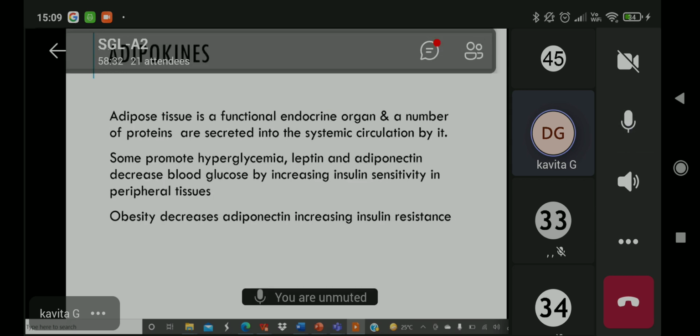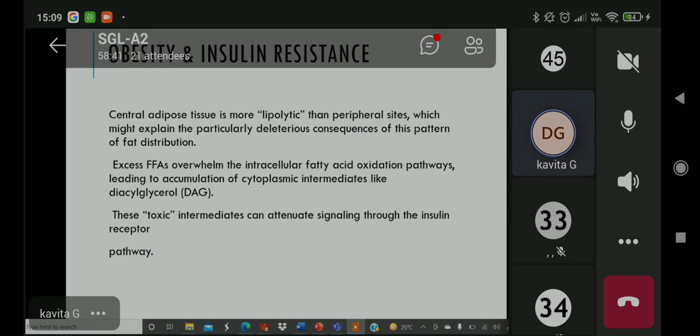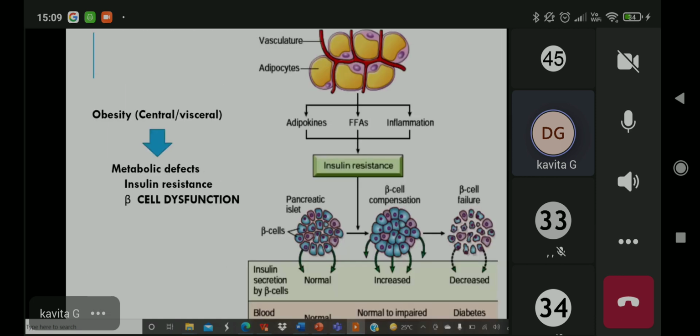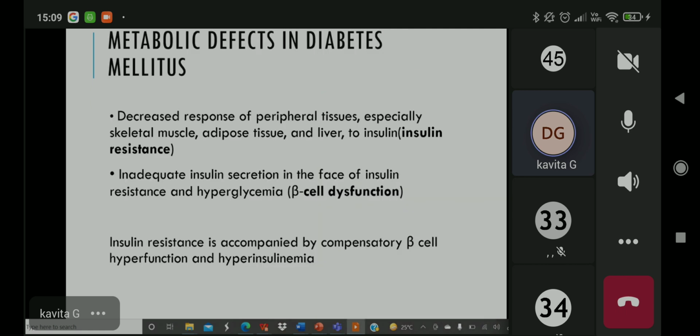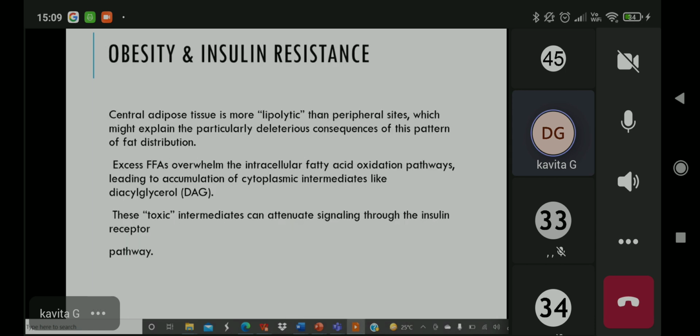What are adipokines? Absolutely. So what I want to tell you over here is, let's look at this diagram. We know that adipose tissue is comprised of adipocytes as well as blood vessels. Now, these adipocytes are a source of adipokines, which I'm about to explain, and free fatty acids, which we know about. Now, we are interested in figuring out what is happening at the peripheral and the central levels.